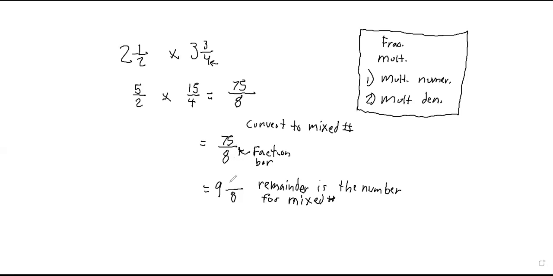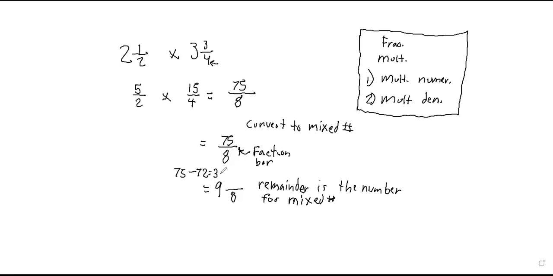Now we want to get the remainder so we know what the numerator of this fraction is going to be. So how do we do that? We're going to use this original numerator, and we're going to multiply 9 times 8, the denominator times the whole number. So we're going to get 75, the original numerator, minus the product of 8 times the whole number 9, which is 72, and it gives us a remainder of 3.